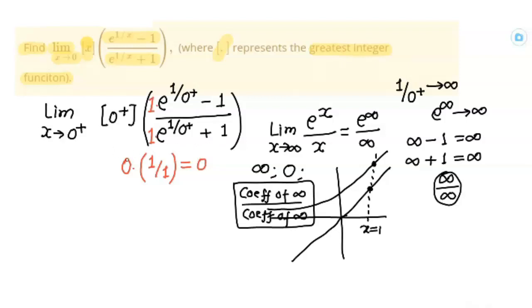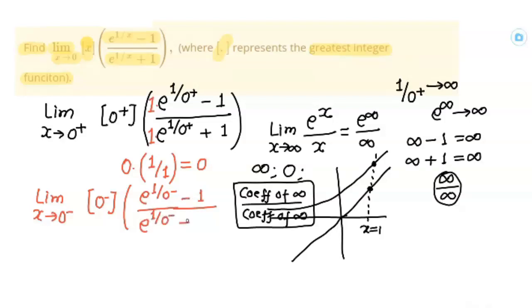No problem. Now let's move to the limit as x tends to 0 minus. I am writing greatest integer of 0 minus, times (e^(1/0-) - 1)/(e^(1/0-) + 1).